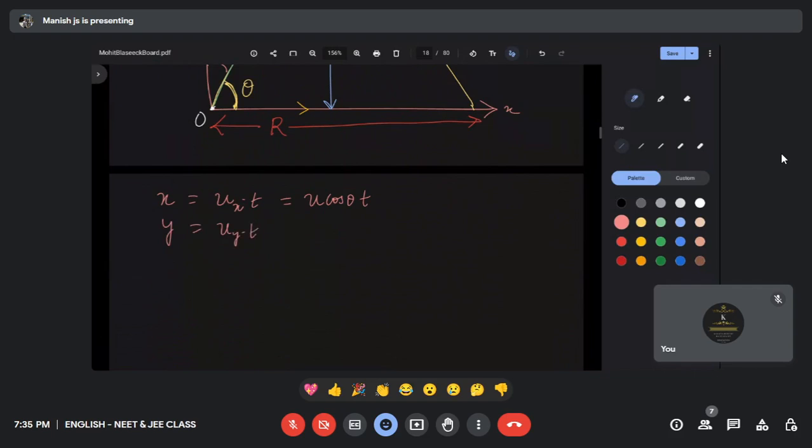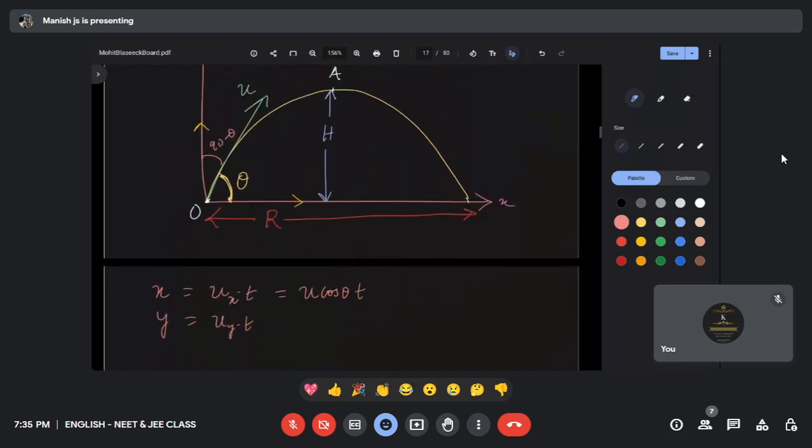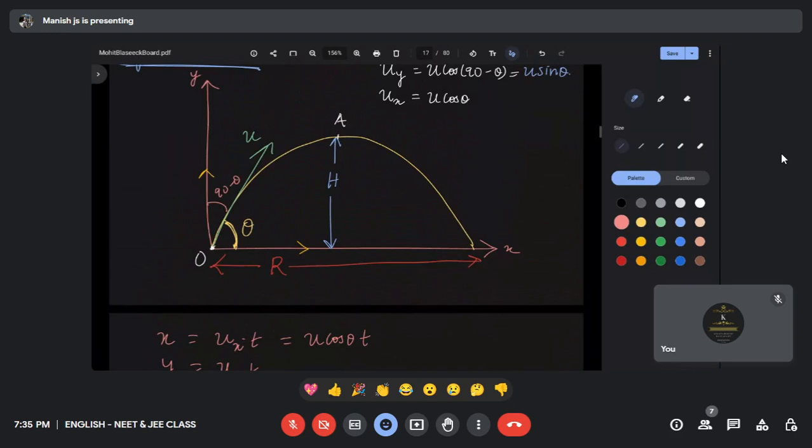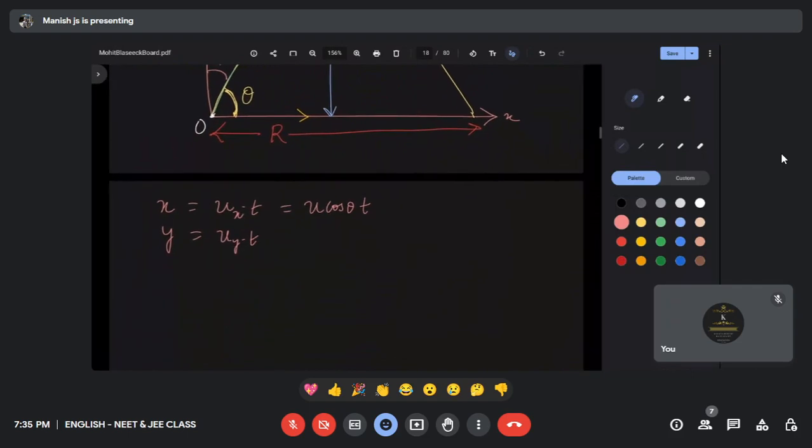But along the y-axis, as it moves in the parabolic path, there are two different aspects to this. It's not just u sin theta into t.